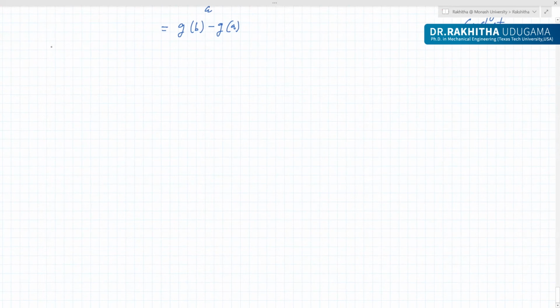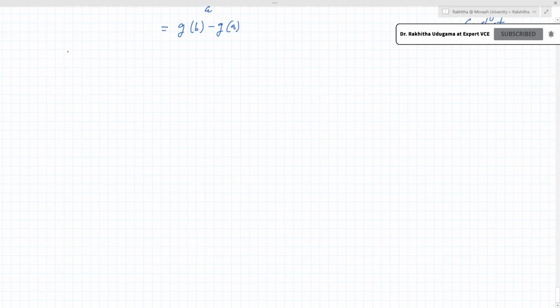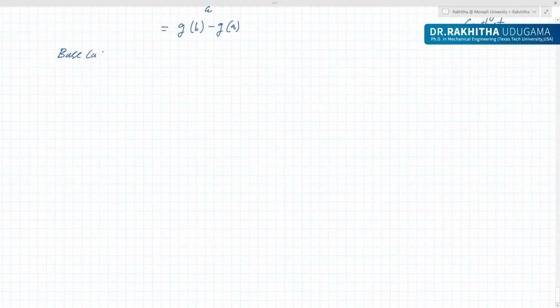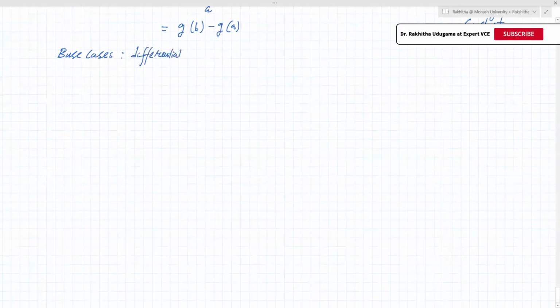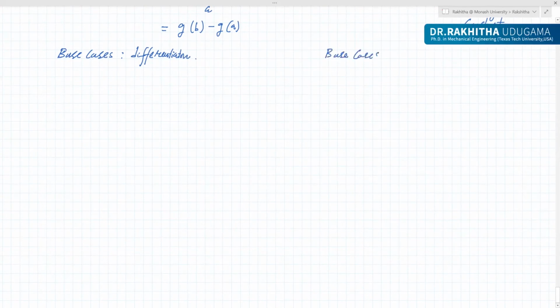Okay, so now here I'm going to divide this into two parts. So this is for differentiation, right? Base cases for differentiation. Okay, so this part for base cases for integration.